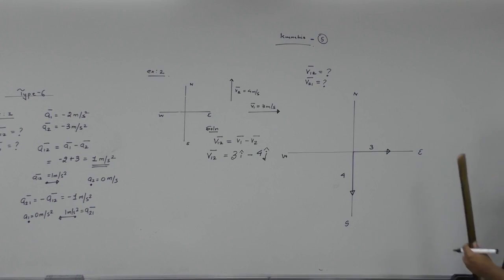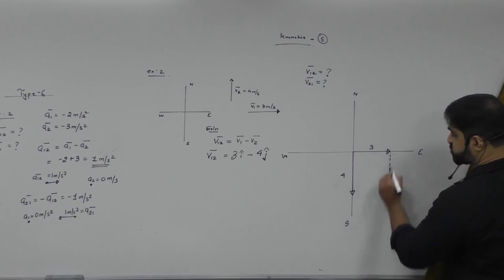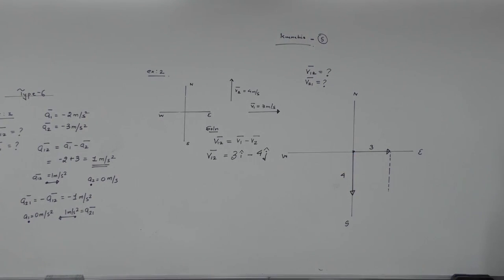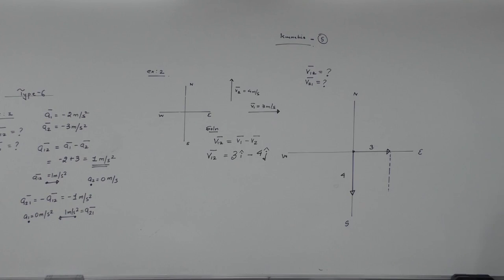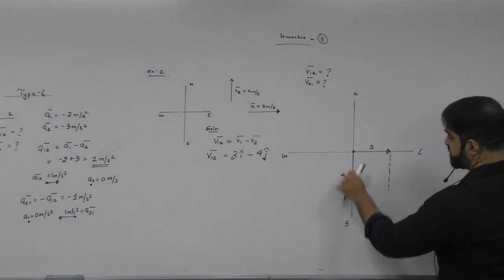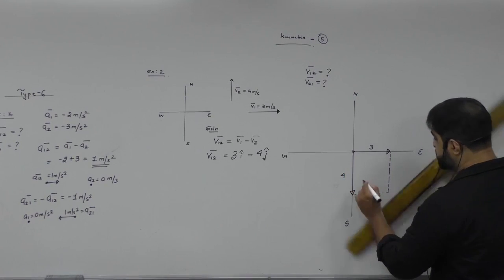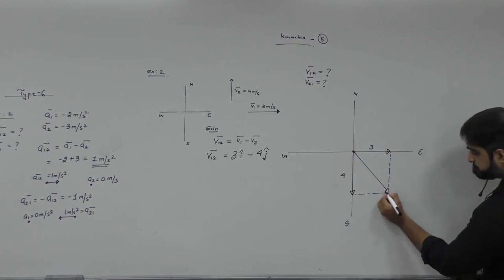Now out of this I will draw a parallelogram. Sir, why are you drawing the parallelogram? Because the tails of the two vectors are joined. If the head of the first will be joining the tail of the second, you can draw a triangle. But in the parallelogram law, the tails of the two vectors are joined, meeting at the same point. Remember? Who gives you the resultant? The diagonal, which is also passing through the same point.